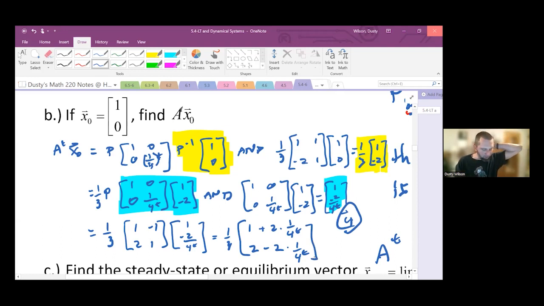This whole expression is A to the t times x naught. That's our closed form expression for A to the t times x naught.